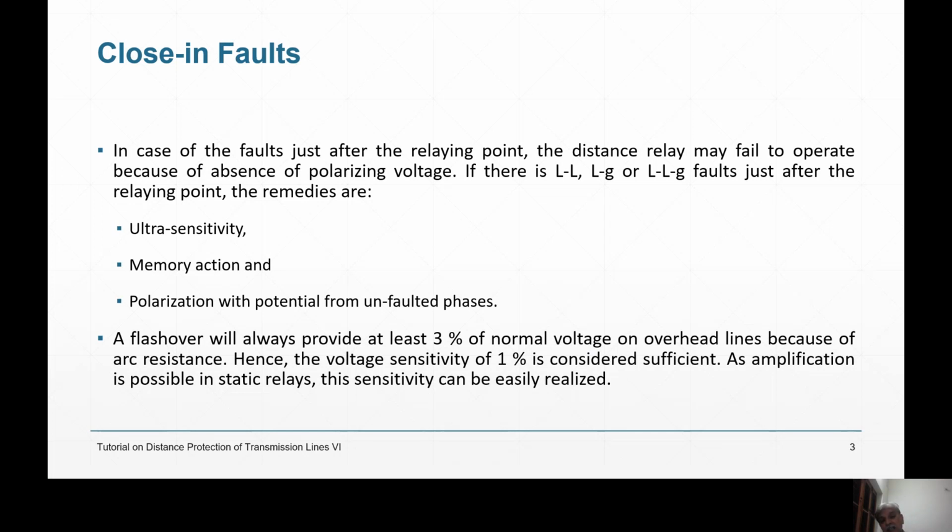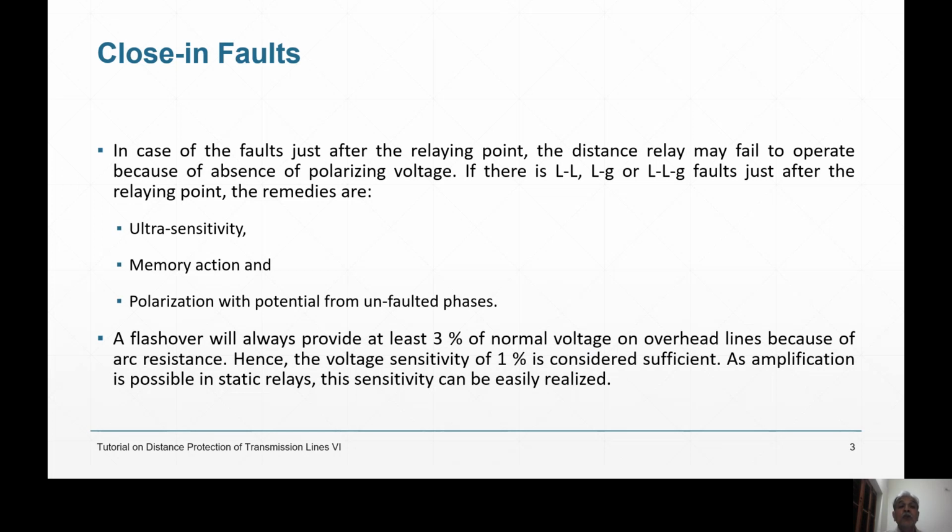If the fault is far, then R is there, and therefore phi is less. If the relay is nearer to the generator, phi is practically 90 degrees, right? Theta is the characteristic angle that is decided by the relay manufacturer.